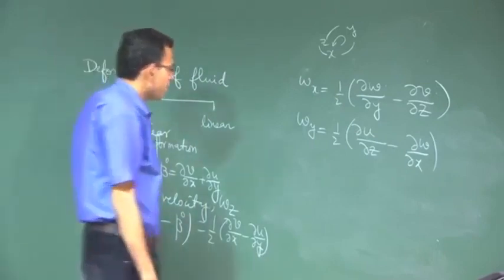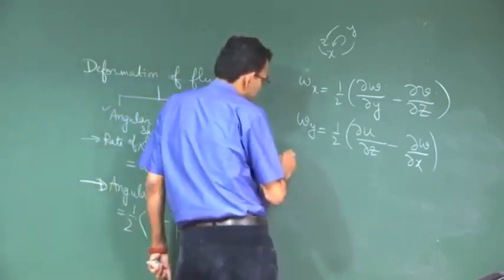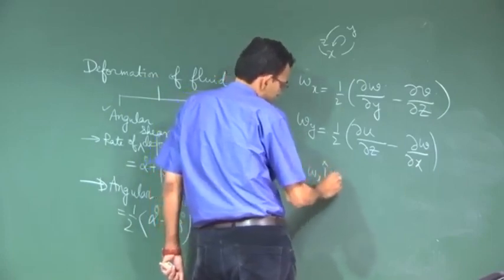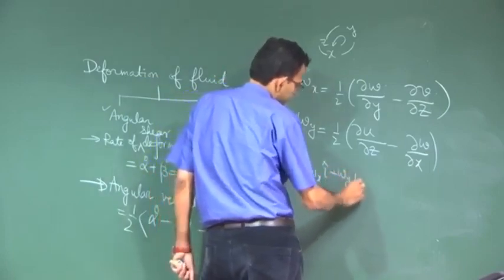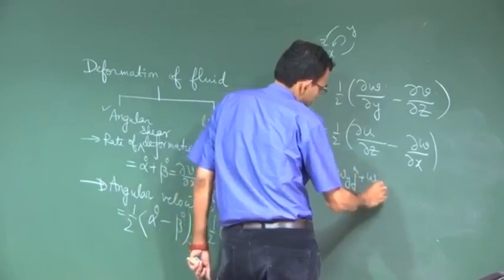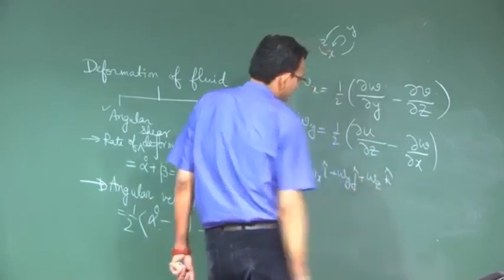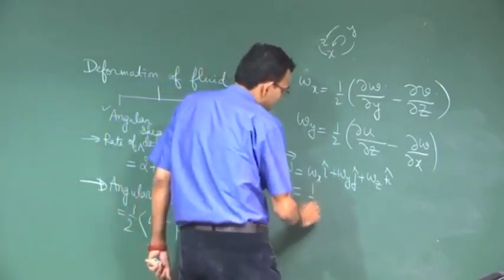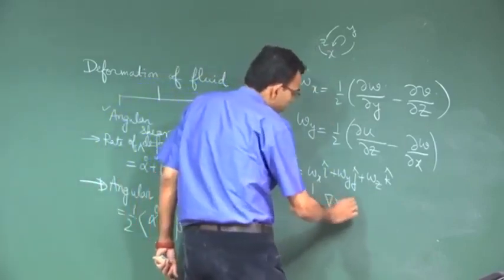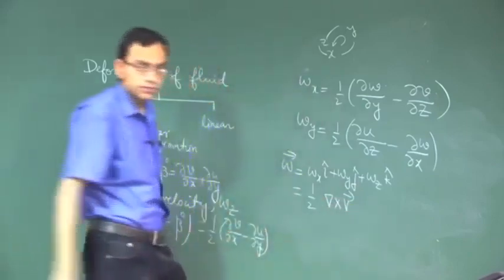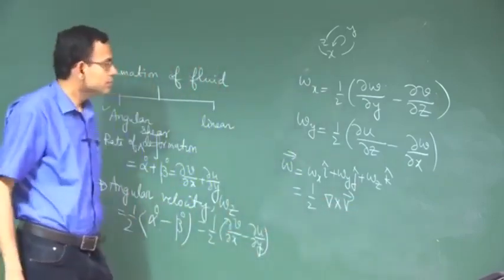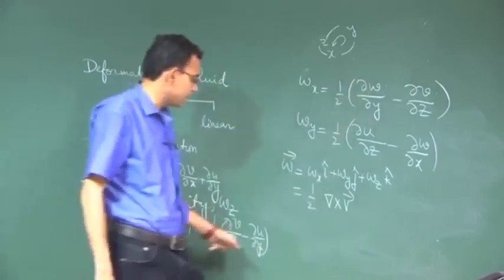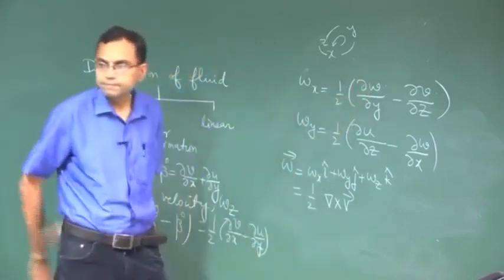So now if you write the angular velocity vector, you can simply work out and see that this is half of the curl of the velocity vector, because the components of the curl of the velocity vector are given by these terms in the bracket.